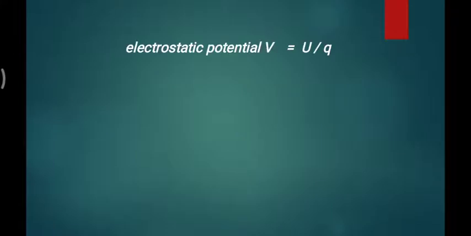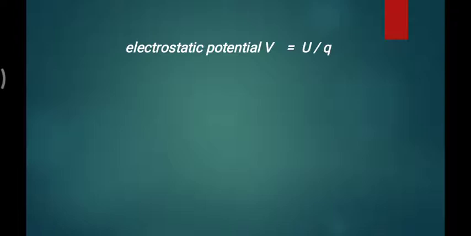Let's go to the relationship. Earlier we saw that U is the amount of work, and one more relationship: W is equal to the difference of potential energy, Up minus Ur.